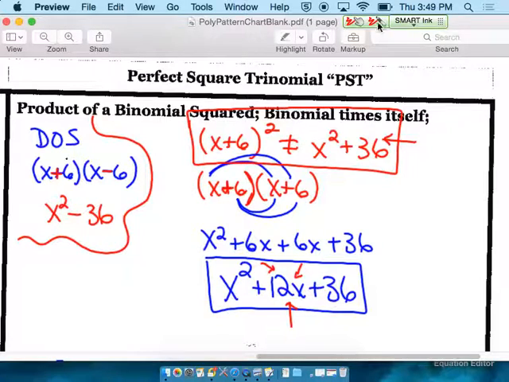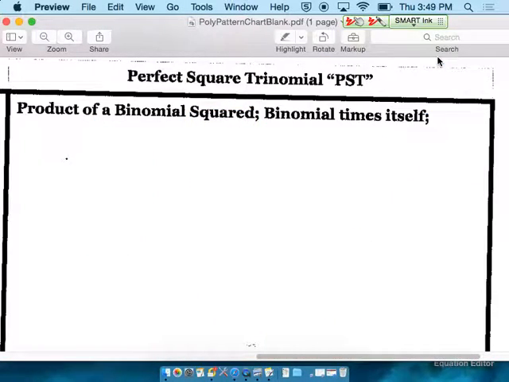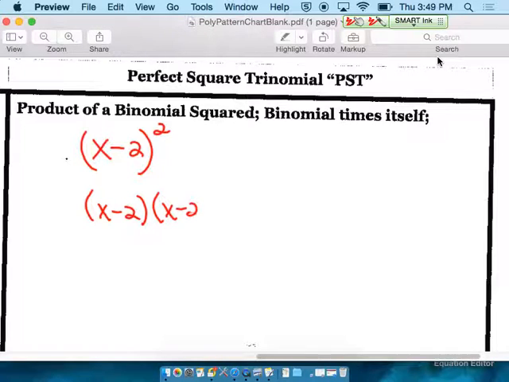Let's do a few more. Let's say that I have x minus 2 squared, and that's the way that the problem is presented. So what you're supposed to take away from that is to expand this properly, and that is the correct terminology. You're going to expand this.